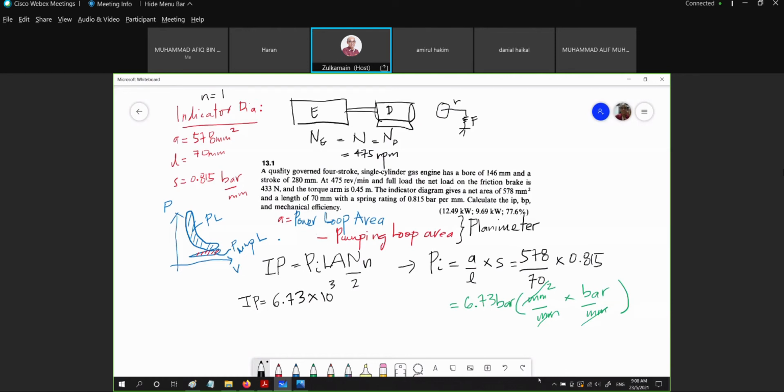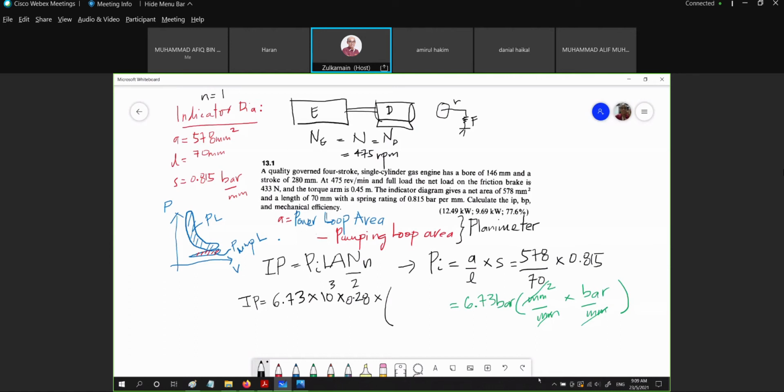L kita apa? L kita ni L untuk engine ya, jangan confuse dengan L kecil ni ya. L untuk engine kita ialah 280. 0.28 saya convertkan kepada meter terus. Kalikan dengan A kita. Apakah A kita? A ialah bore, pi D squared over 4.